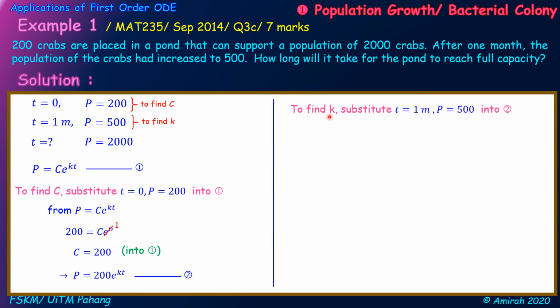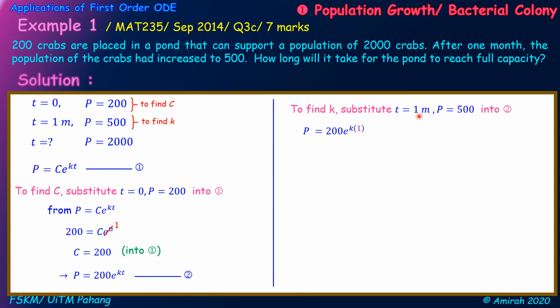And then to find k, substitute the second piece of information, t equals 1 month and population equals 500, into equation 2. So from equation 2, P equals 200e to the power of kt.